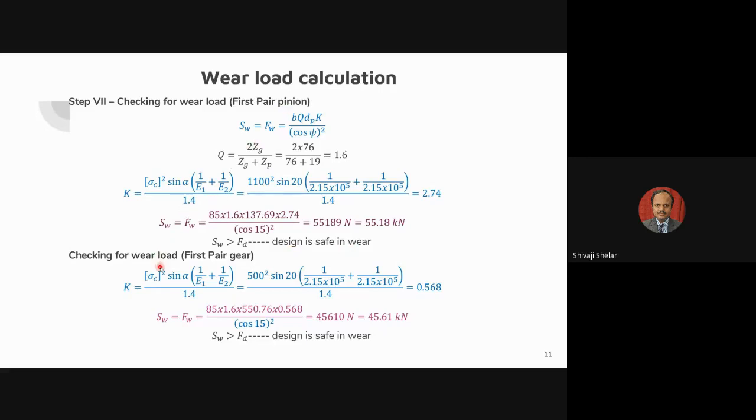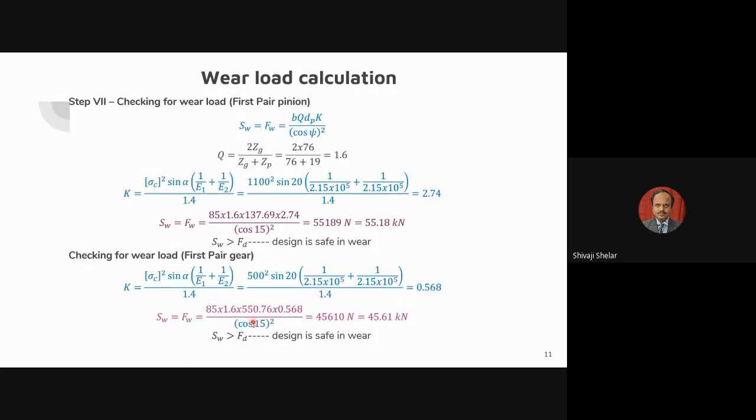Similarly, you can check it for your gear material. Q will not change there. What will change is the K factor because the material is different here. So K here will be with the design stress value for the gear material, which is 500. Here it was 1100, it is now 500. So the load stress factor comes out to be 0.568.